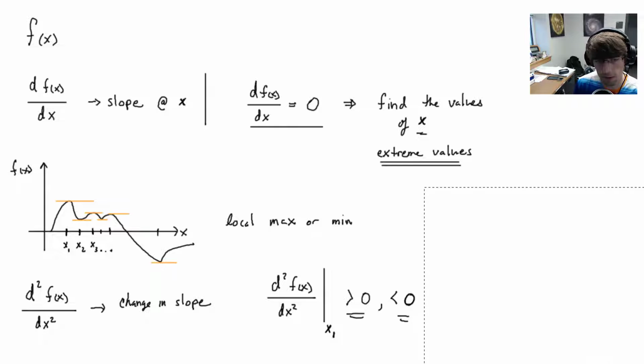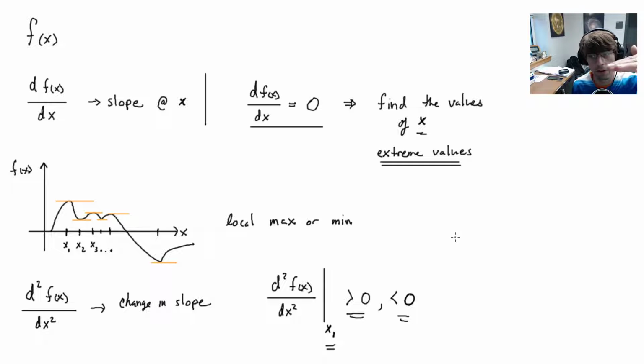So if we think in terms of these slopes getting less steep or more steep, then we have an idea about what this finally gives us. If we evaluate at an extreme value and get a positive number, that means my slope is gradually leveling out, so whatever my slope is, it's increasing.